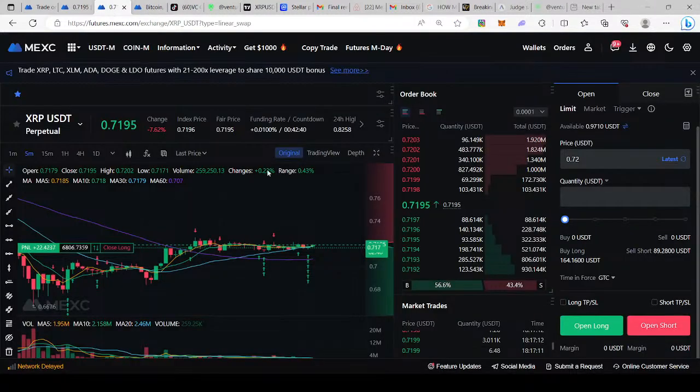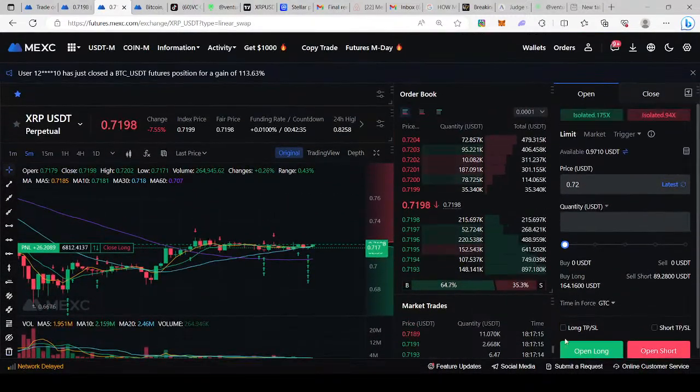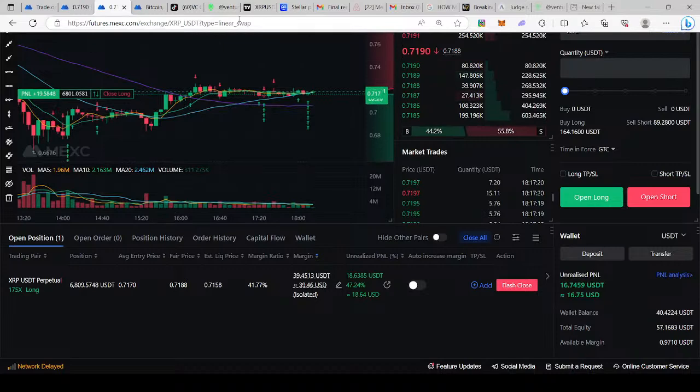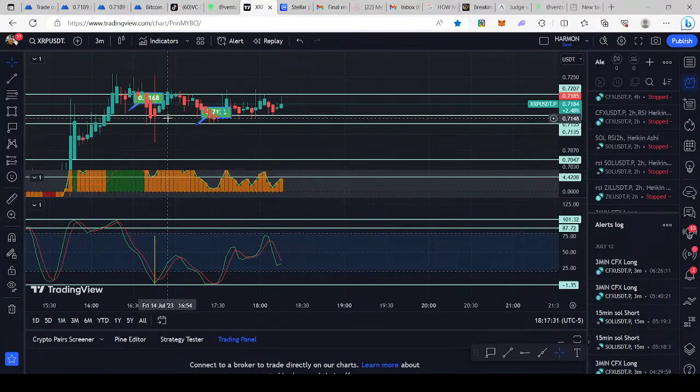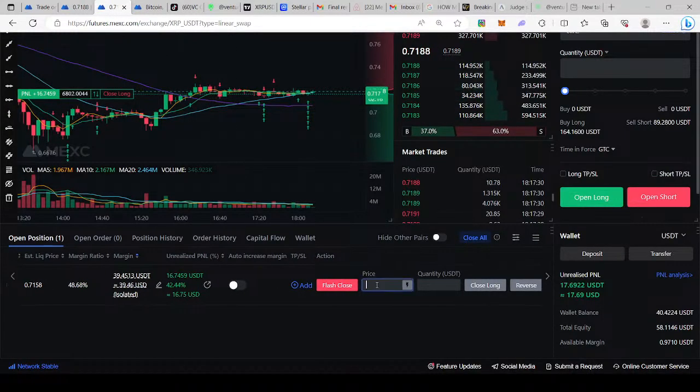All right, so 72.51 was the spike. I'm going to put a 72.50. So 0.7250, I'm going to close that out at 100 if it hits that.